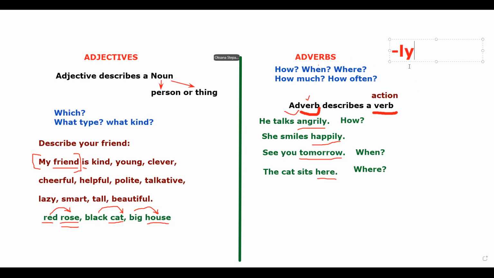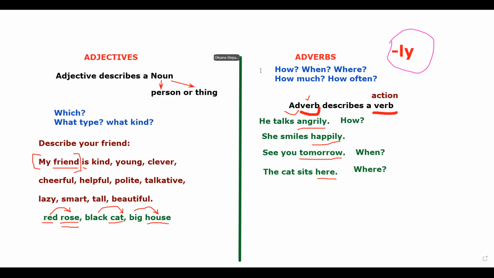Only adverbs add the suffix ly. Let's look at some. We can make adverbs from adjectives by adding the suffix ly. For example, let's just look here.